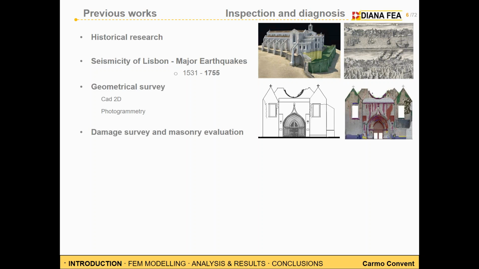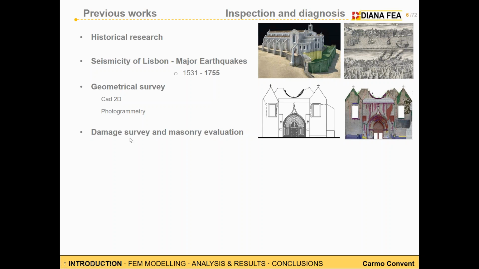As previous work, in order to understand the destruction and be aware of the complexity of the geometry, we performed a photogrammetry and many drawings in order to have a kind of plan where to start to model in DIANA environment.